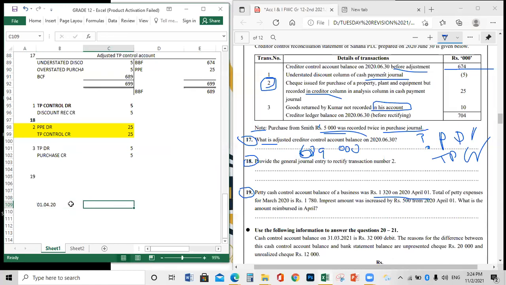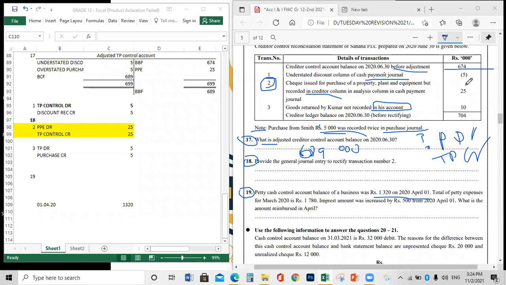they had a balance of 1,320. That is the opening balance of April. Opening balance of April is the closing balance of what, guys? March. Yes, the opening balance of April will be the closing balance of March.